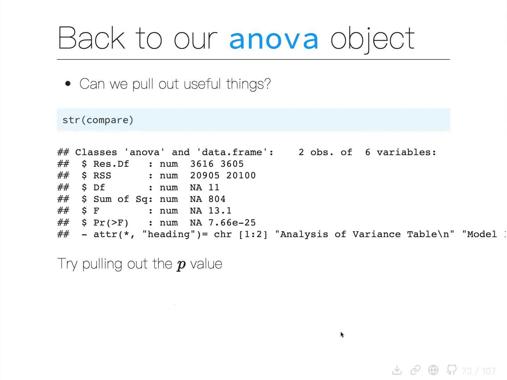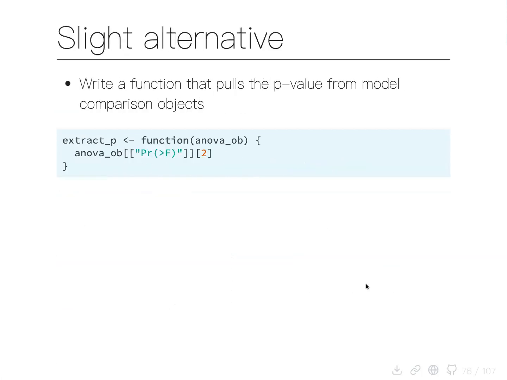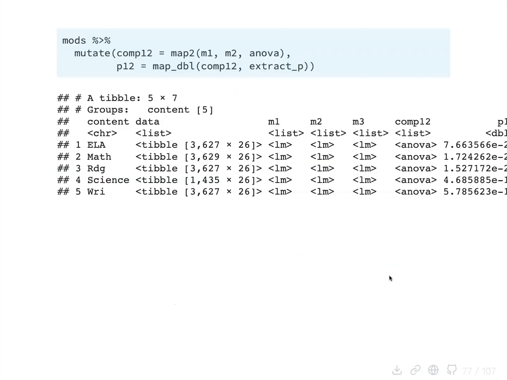And then from there, we talked about, okay, well, now we could actually pull something out of there. And I talked about possibly writing a function to do that for you. And then we end up with a data frame like this, where we have the models, and then we have this ANOVA objects that is the comparison between 1 and 2, and then this is the p-value for that.